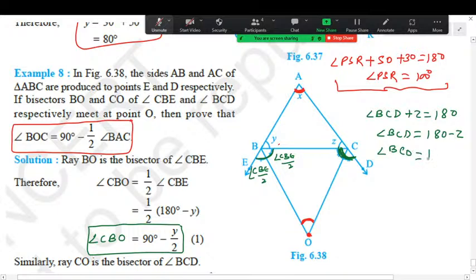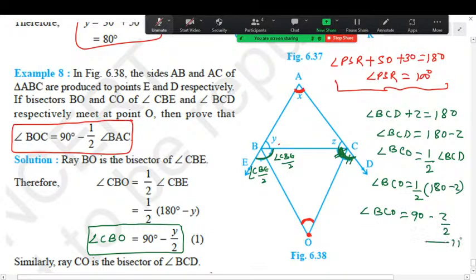You will say that BCO is actually half of BCD, since this angle is bisected. That means it is half of this entire angle BCD. Taking half of 180 minus Z and dividing by 2 gives 90 minus Z by 2. That is your second equation.